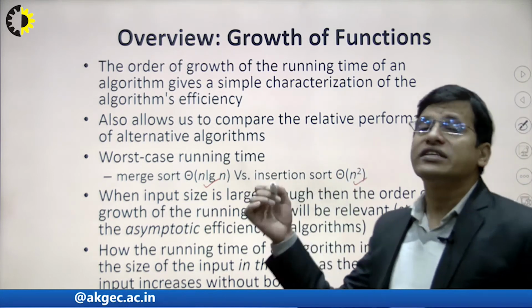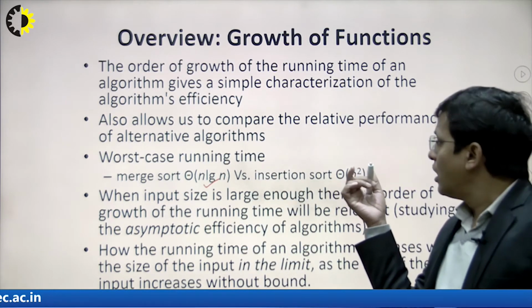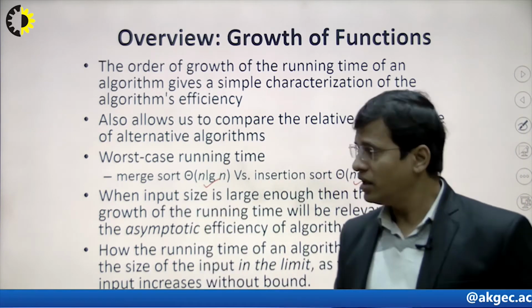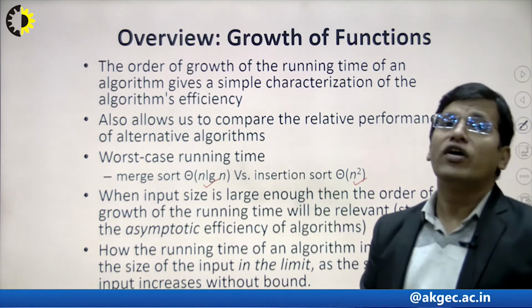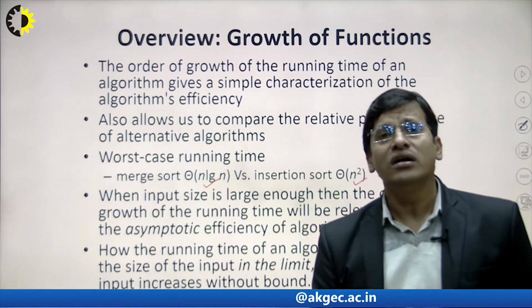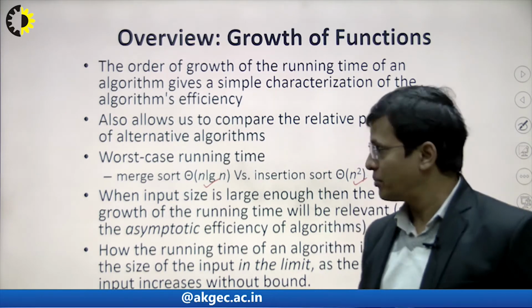Basically n square is greater than n log n, which means insertion sort takes larger time as compared to merge sort. So we find the function and its order so that we can compare the performance of the same type of algorithms.